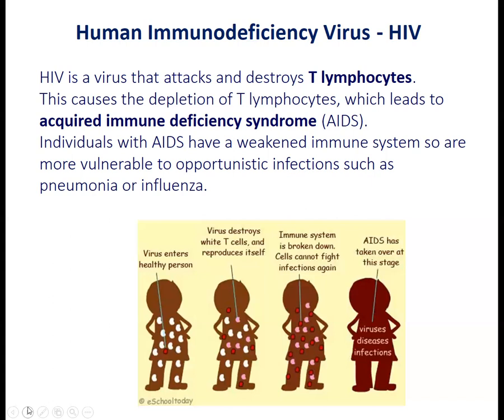Basically you have a weakened immune system because you don't have as many T lymphocytes, and potentially it leaves you vulnerable to infections that normally, if your immune system is working fine, wouldn't be a danger, things like pneumonia and influenza or the flu. Generally speaking, in this country, if you had pneumonia or the flu, you'd fight it off no problem with your immune system. But because of the weakened immune system caused by this virus, potentially that can lead to death.